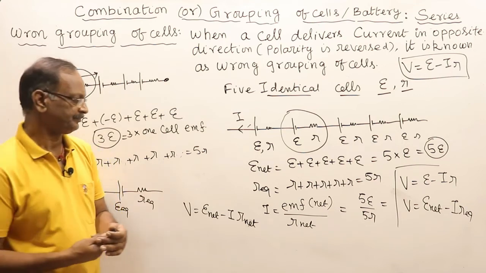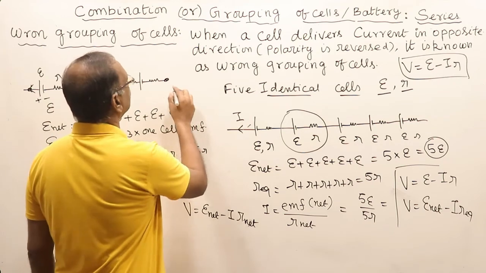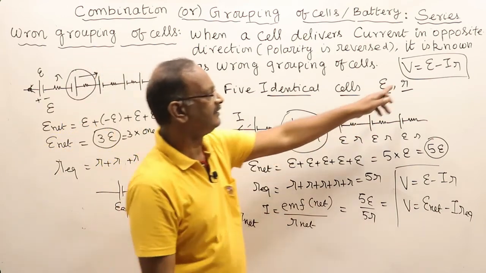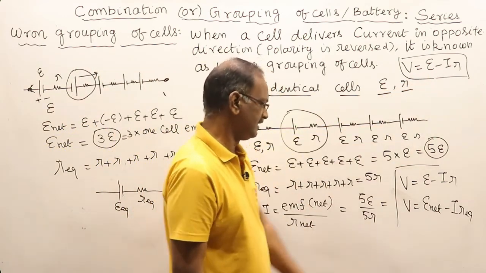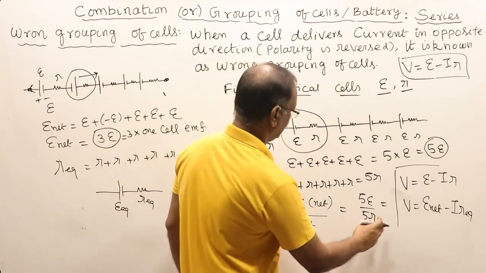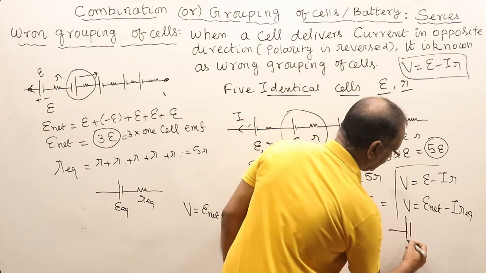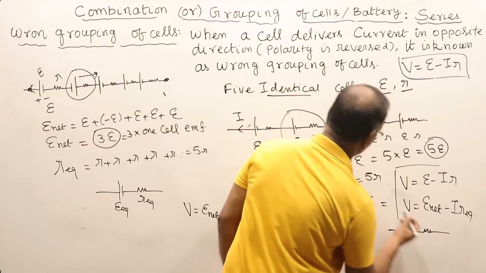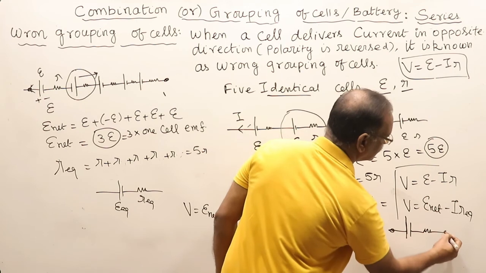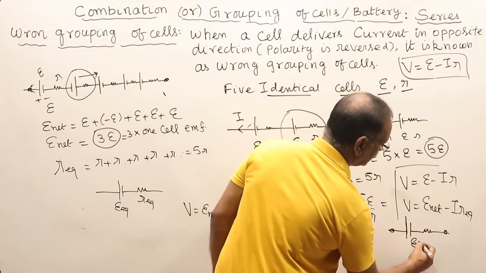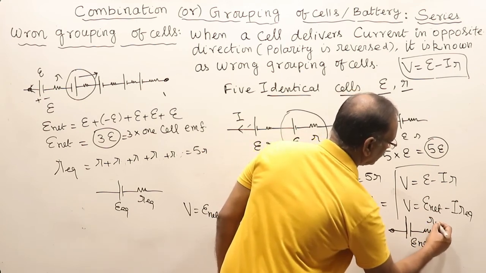As usual, this is the general term for terminal potential difference. For this, the circuit diagram will be like this, with E net and R net.